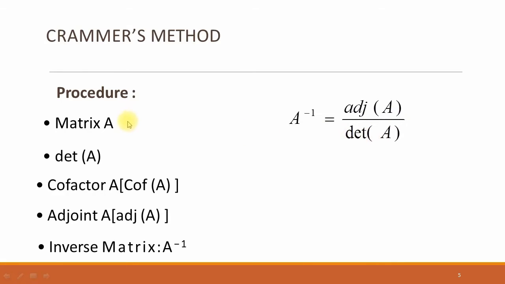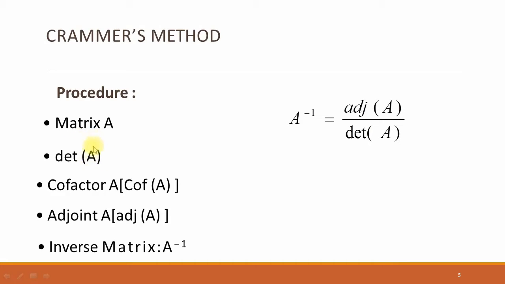Now, this is the procedure for the inverse of matrix A. Since you have a square matrix A, first of all find the determinant of the matrix A. If the determinant of matrix A is not equal to 0, then further find the cofactor, then the adjoint, and then the inverse of the matrix A. But if the determinant of matrix A is 0, then the matrix is a singular matrix, and we cannot find the inverse of the matrix.